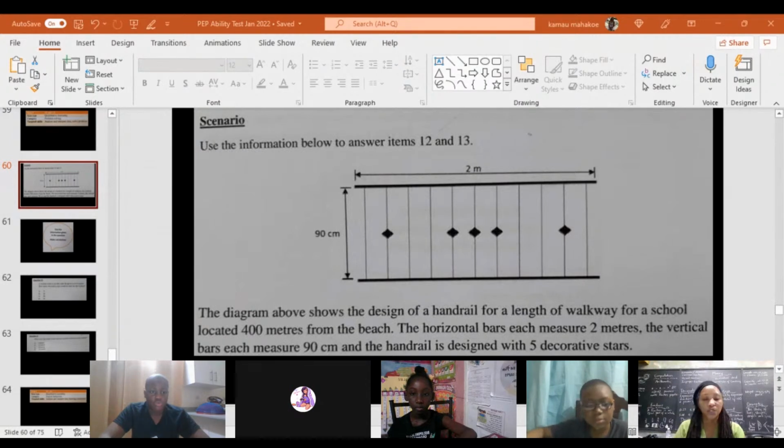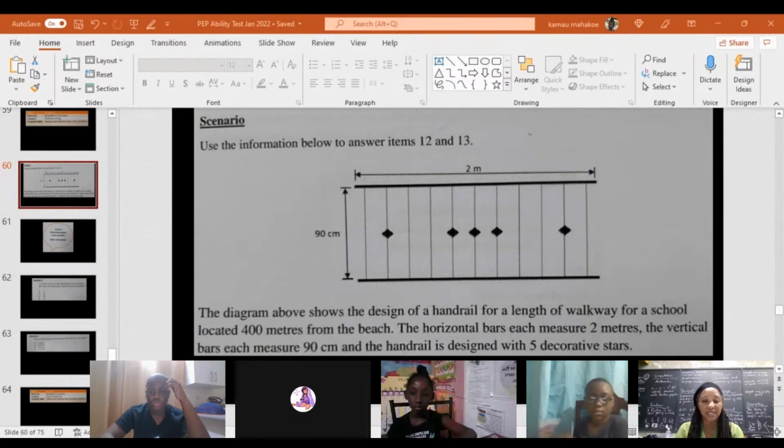Okay, right. So the student wants 6 meters. That rail that we're looking at now is 2 meters. So we need to find out by how much, or how many times more. So when we divide the 6 meters by 2 meters, we get 3, not 3 meters. So it's 3 times as wide or as long.